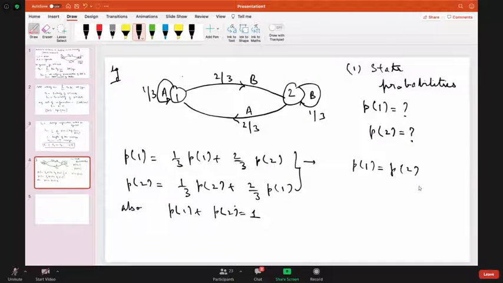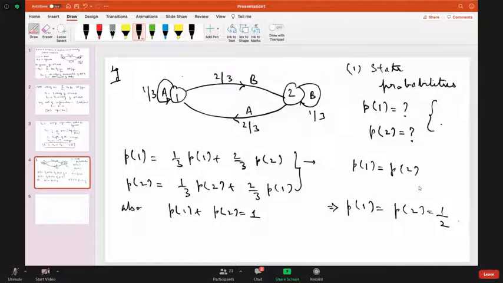And when you put it here, you come to the conclusion that the probability of 1 is the same as the probability of 2, which is equal to half in this problem. So this is how you evaluate state probabilities. If more states were given, you will find such relations, which will be evident from the state diagram. The sum of all state probabilities will be equal to 1, and using those equations you will be able to find the state probabilities.